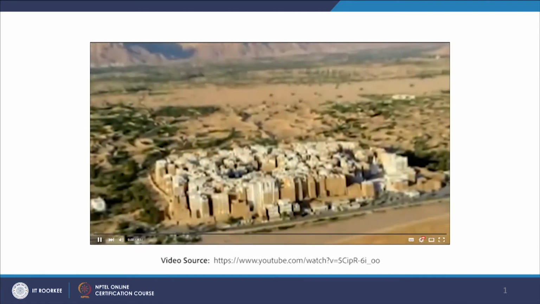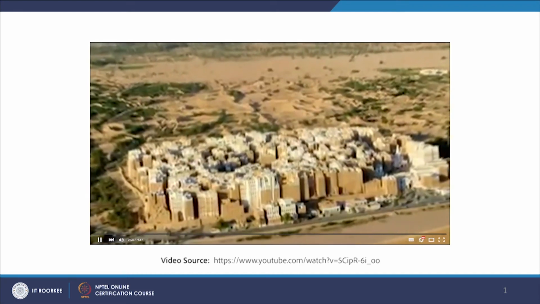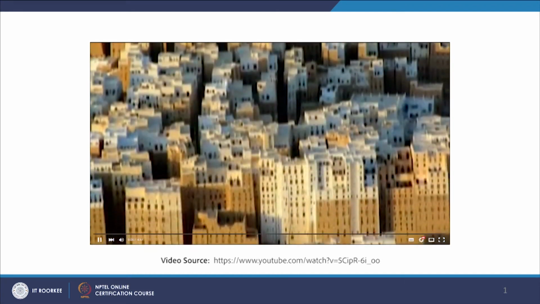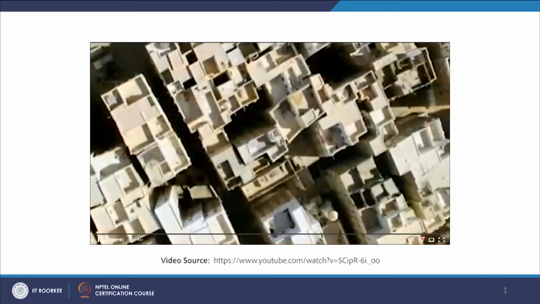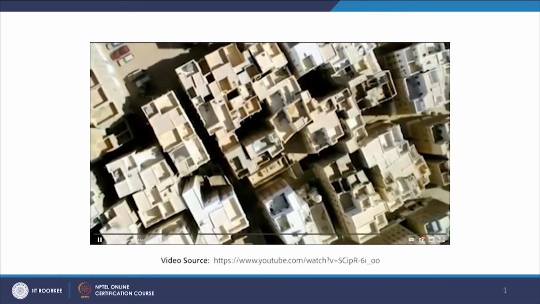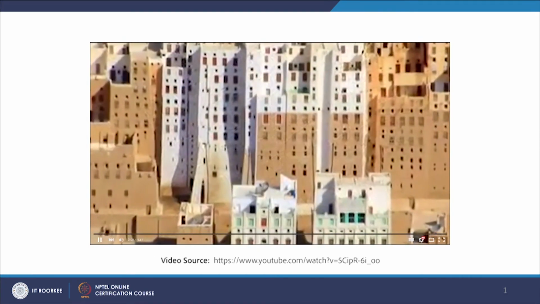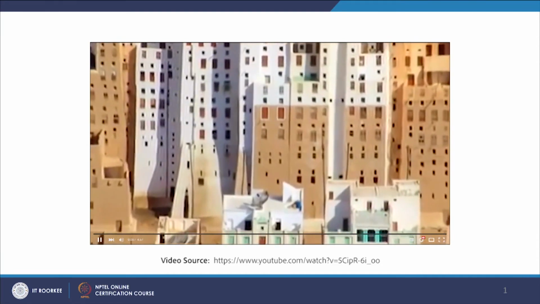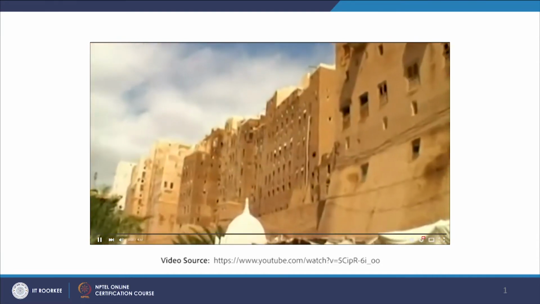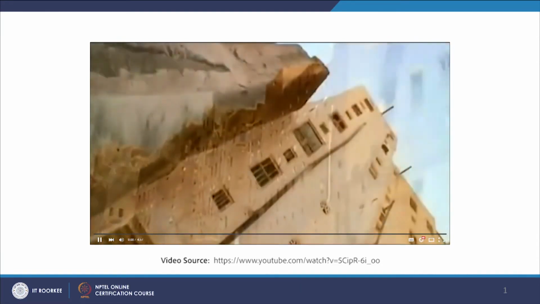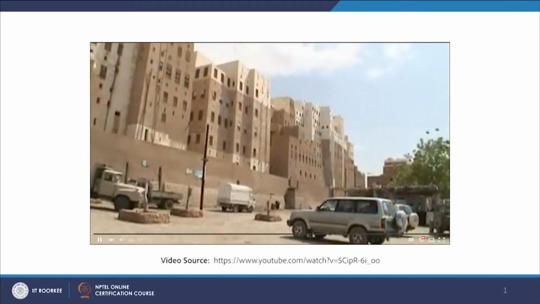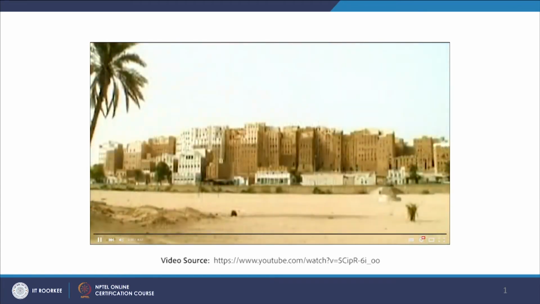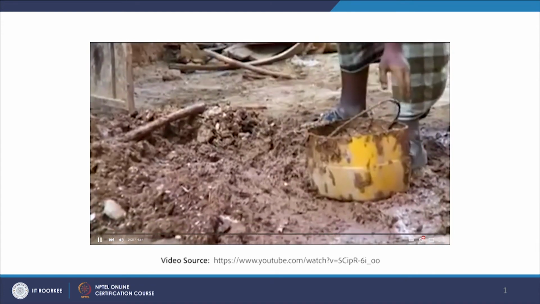Known by some as the Manhattan of the desert, Shibam is a walled city of vertical high-rise buildings soaring up to 30 meters out of the sands of Wadi Hadramaut in southeastern Yemen. It's an urban masterpiece. Incredibly, these 7- and 8-story towers were built 500 years ago, long before concrete and steel, using the area's most common material, mud from nearby riverbeds.